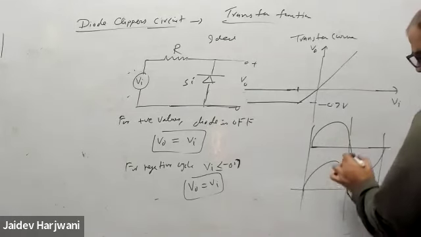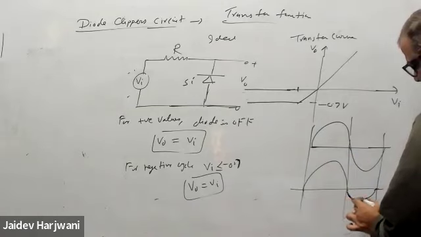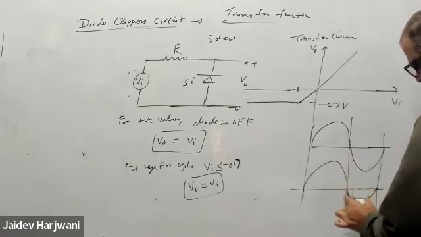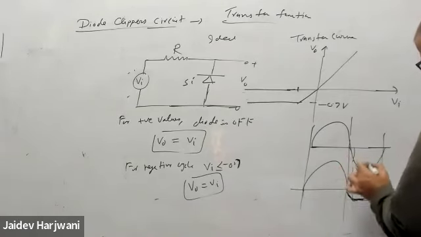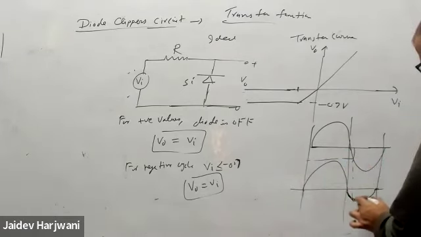When you reach 0.7, somewhere here, it will become constant, and after that it will be like this.